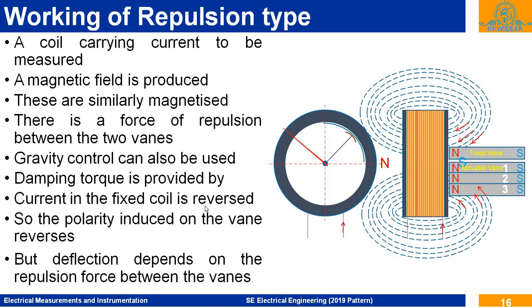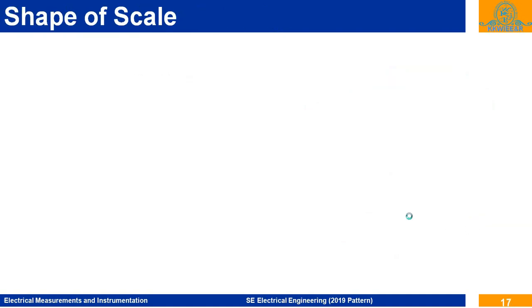Now the current in the fixed coil is reversed. If the direction of current through this coil is reversed, what happens? Again the current increases, and the fourth position is shown here.